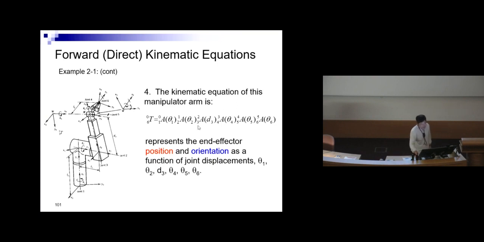So this equation itself represents the end effector position and orientation, which is frame 6 with respect to frame 0, and it will be a function of the joint displacements theta 1, theta 2, d3, d4, theta 4, theta 5, and theta 6.